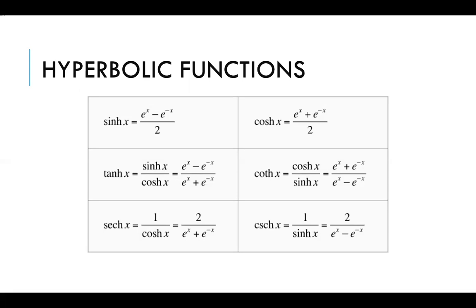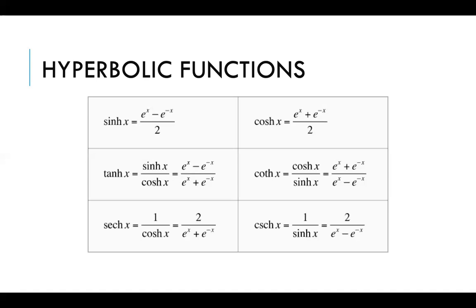symbols. So from tan, we have hyperbolic tangent. Cotangent, we have hyperbolic cotangent. Secant, we have hyperbolic secant. And lastly, cosecant, we have hyperbolic cosecant. So the hyperbolic sine is defined as e raised to the x power minus e raised to quantity negative x power all over 2.